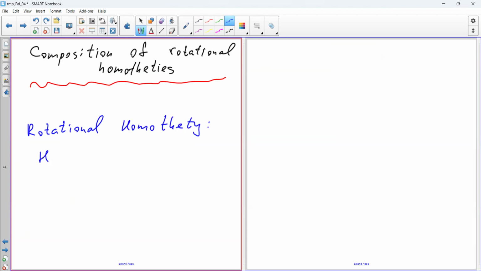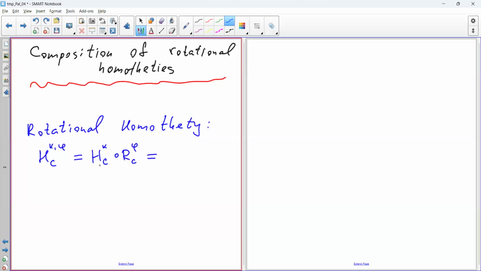It often denotes homotheity with the center C, coefficient K, and angle phi. So we just take them all together. That would be the composition of homotheity with the center C and coefficient K, and rotation at the same center C and angle phi.